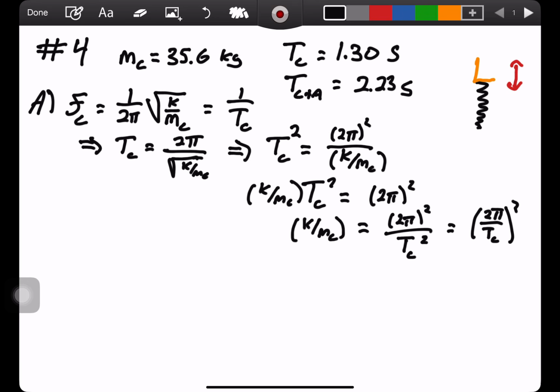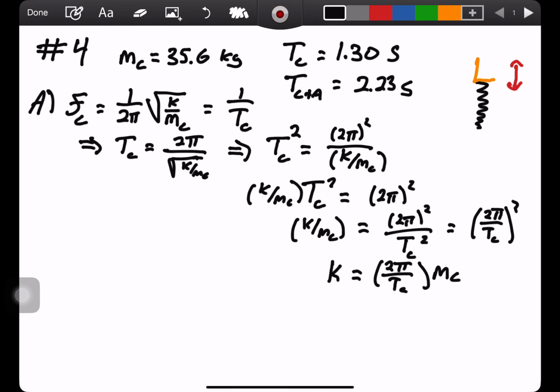And then since I want to isolate k, I can multiply both sides by the mass of the chair such that I'll get k is equal to 2 pi divided by the period of the chair's oscillation, squared, and multiplied by the mass of the chair.